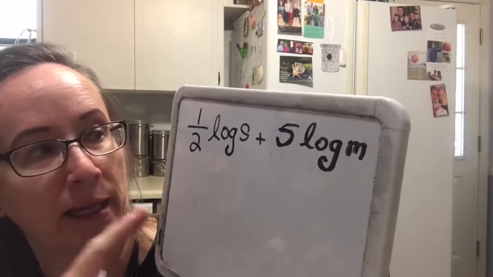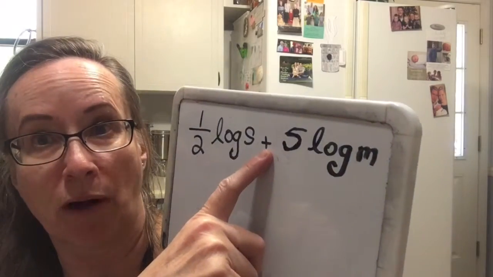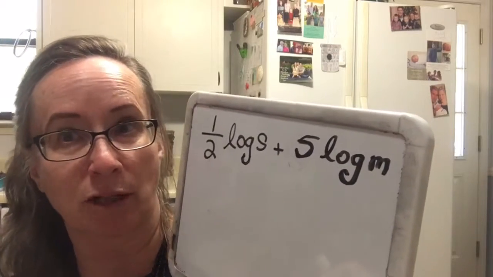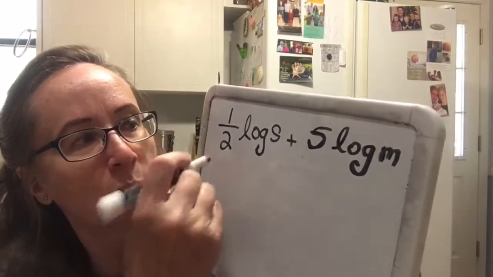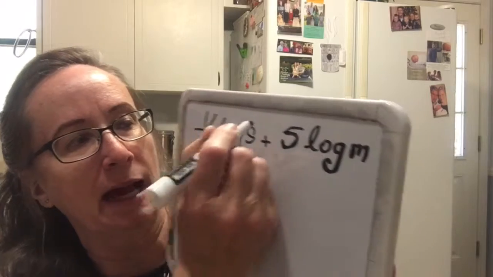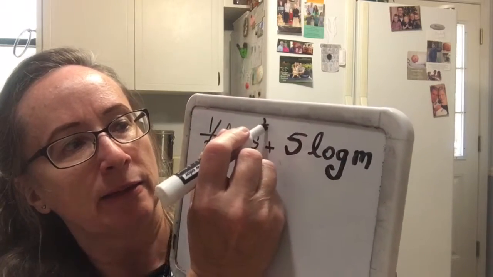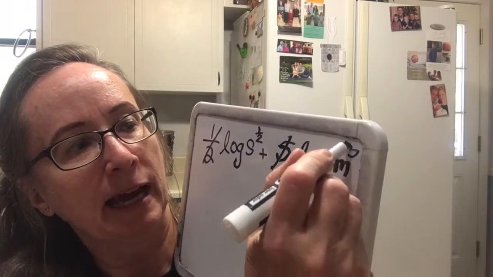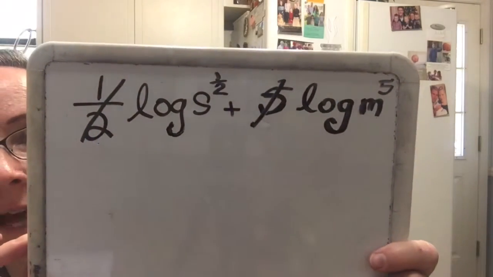So this one is going to be a product when we finish because it's a sum in the middle. The last one was a quotient. So we're going to just take this 1/2 and we're going to raise the s to the 1/2 power. We're going to take this 5 off and raise the m to the 5.